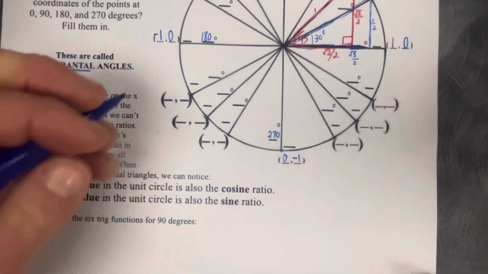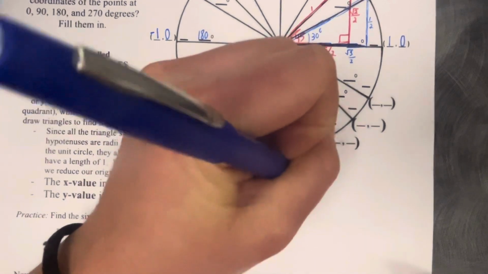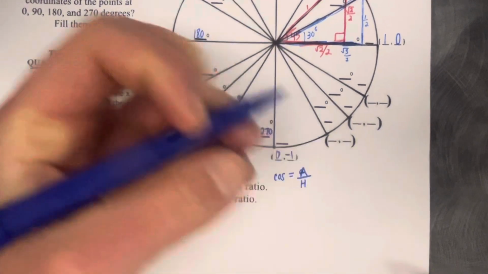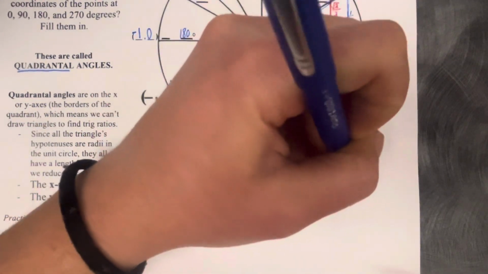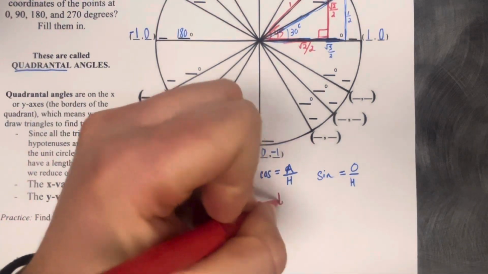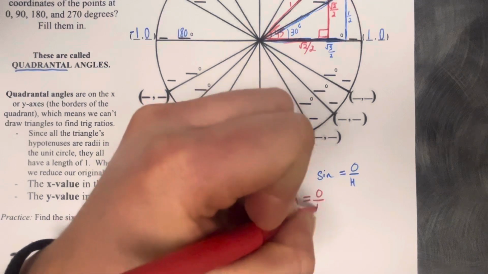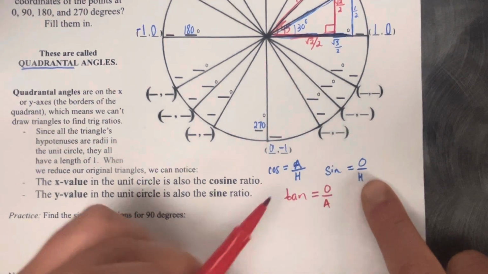Now, you might be wondering, what's the tangent ratio? Well, the cosine is the adjacent over the hypotenuse, and the sine is the opposite over hypotenuse. How might we get the tangent, opposite over adjacent, from these two values? Well, we need to divide them.